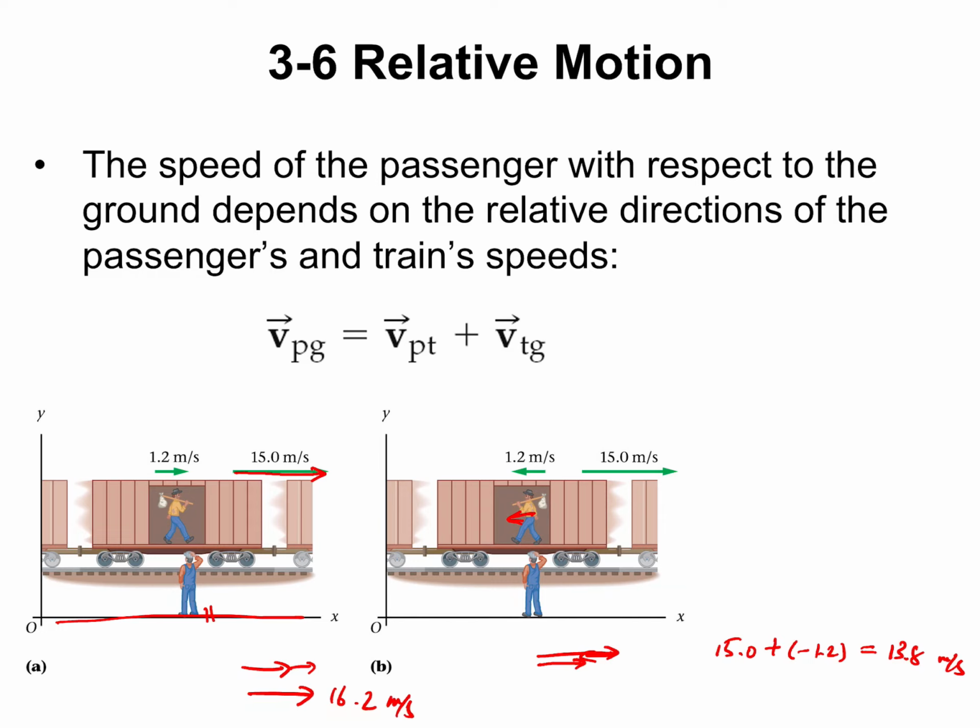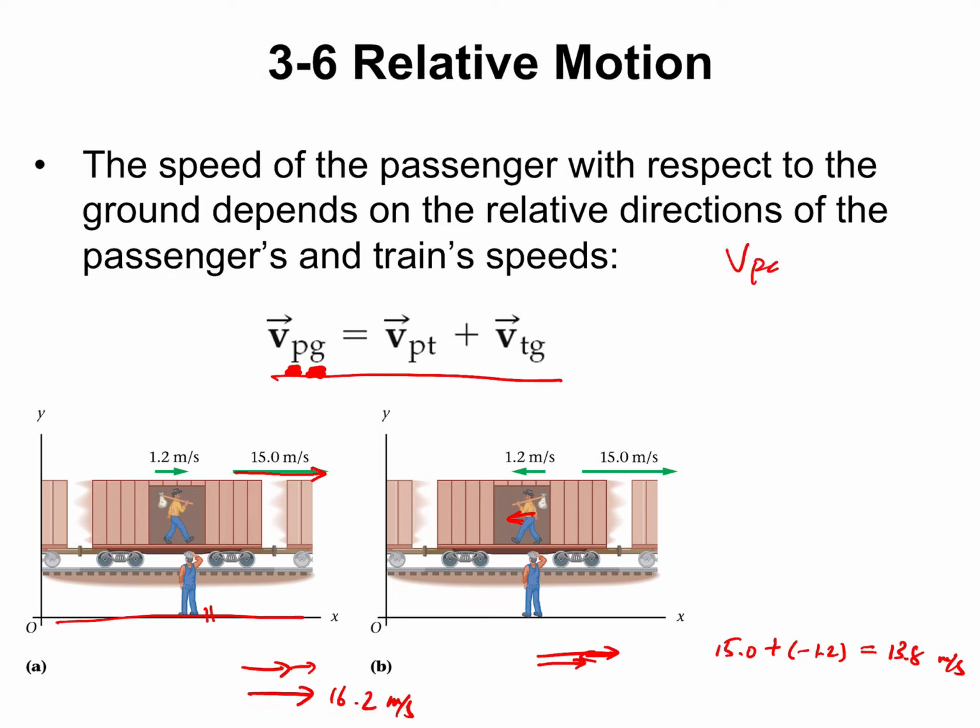So you have to figure out what the relative speed is. Okay, so here is the equation. The subscript here is the person relative to the ground. The velocity of the person, basically the yellow shirt guy, relative to the ground equals, let me write a little more.